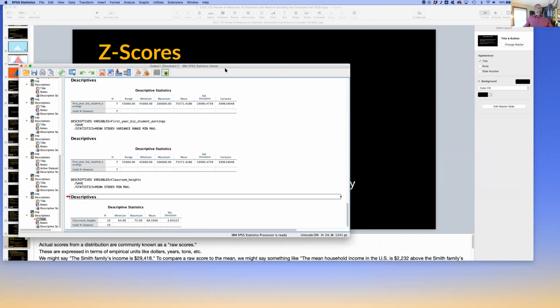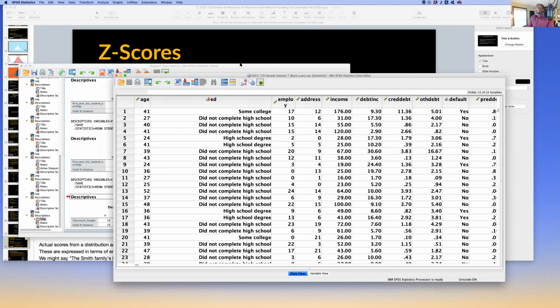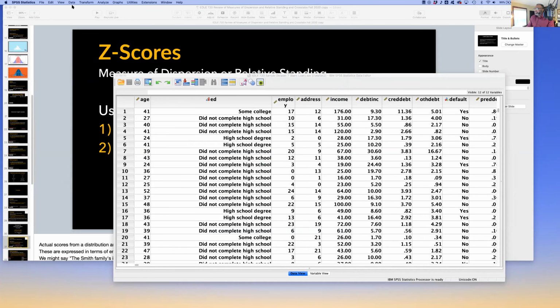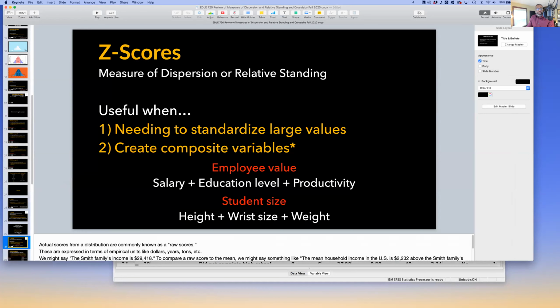As a concept, it's a little hard to grasp the first time around. Let me see if I can find this data set here. So composite variables are things that you do when there are variables that are similar, or you're trying to create a master variable to represent a certain thing or a certain data point.